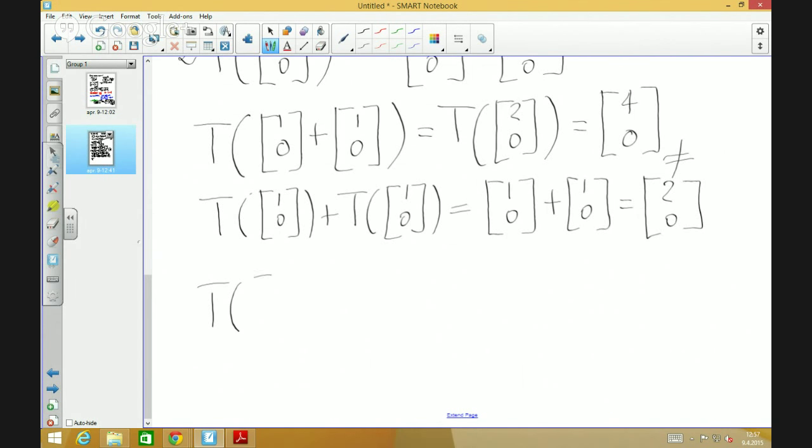So that's the transformation: give me (x, y), I'll give you (x squared, 0). If this transformation were linear, it would be induced by what matrix?